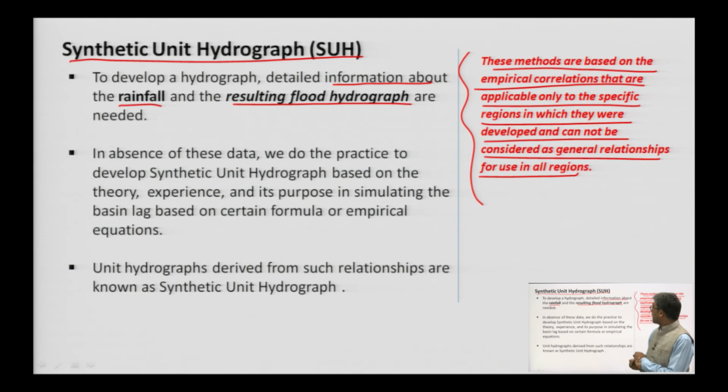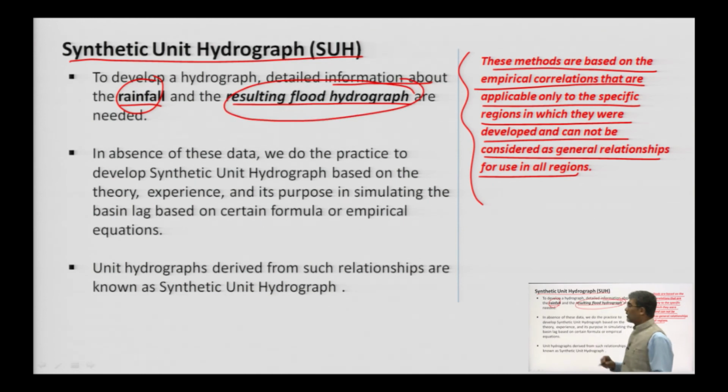If we do not have rainfall and resulting flood hydrograph data, what will we do? Because we need long data to reach any conclusion. So in the absence of these data, what do we do?